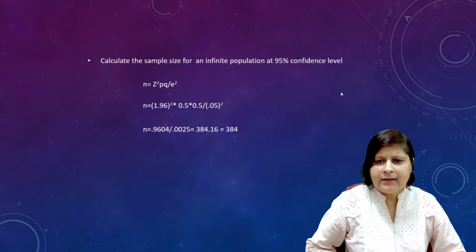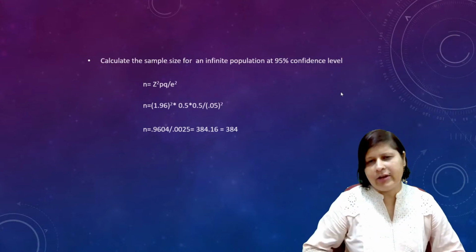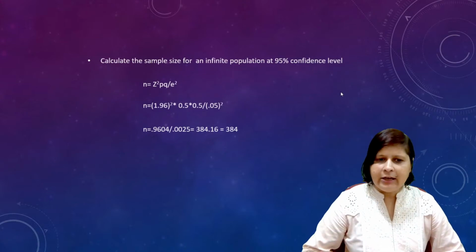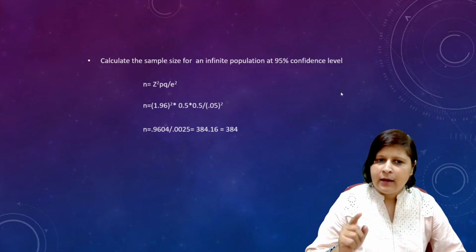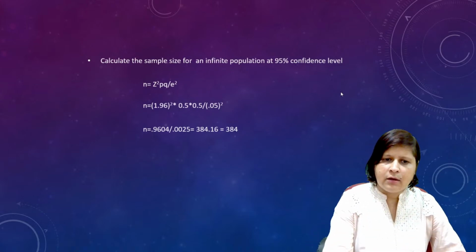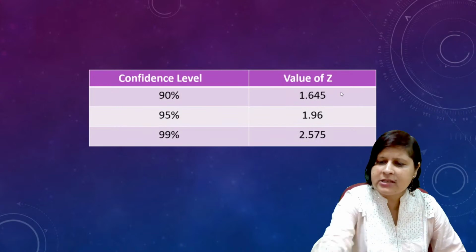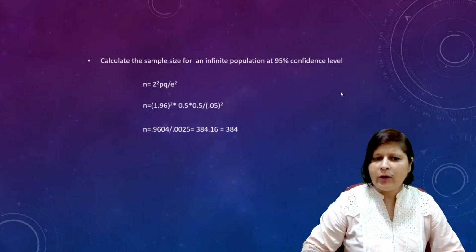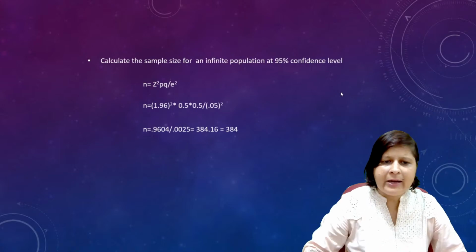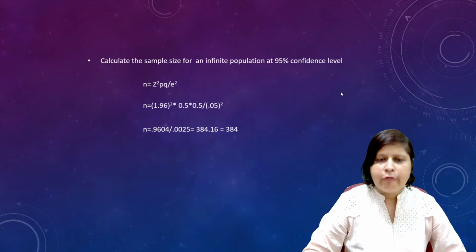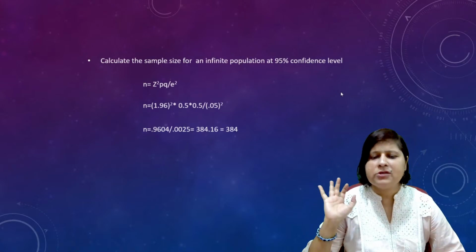Now calculate the sample size at a 95% confidence level. The Z value at 95% is 1.96. 1.96 squared, multiplied by the value of P. We assumed P at 0.5.